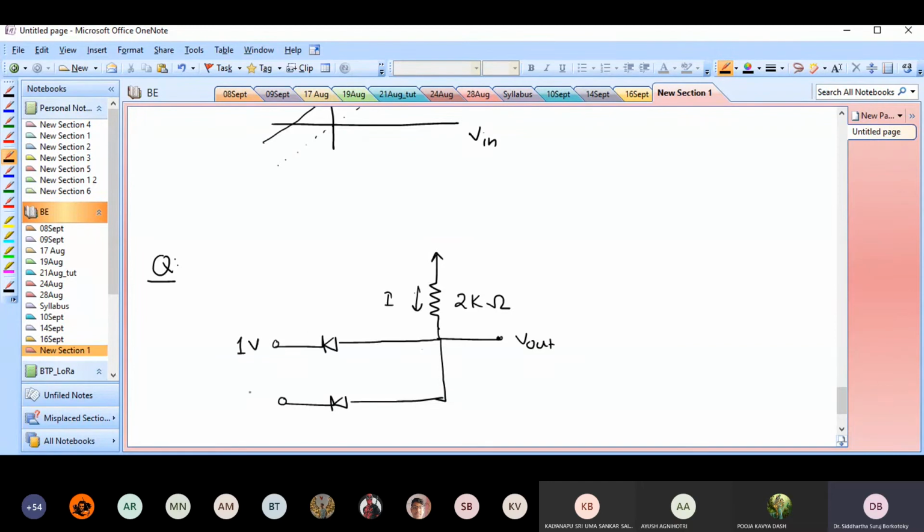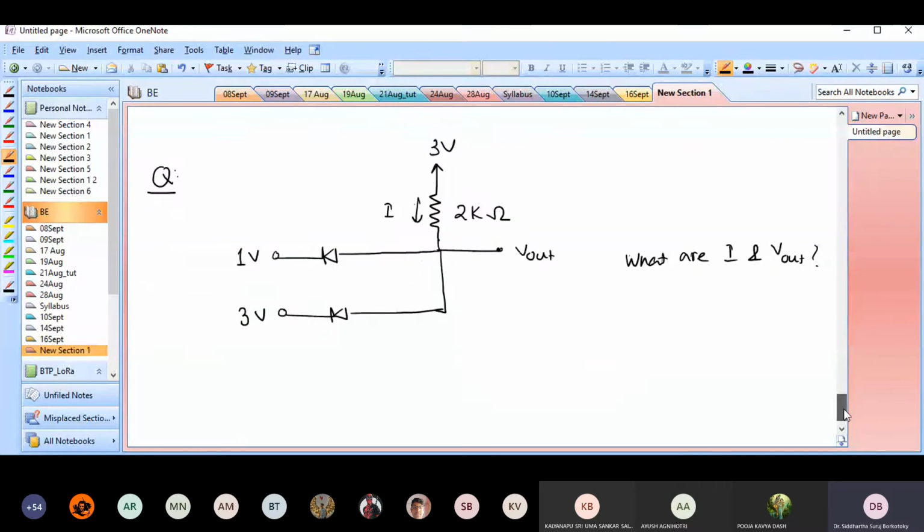There's a 1 volt source here, a 3 volt source here, and there is another 3 volt source here. We are asked to find the value of I and V out. This is the question: what are I and V out?